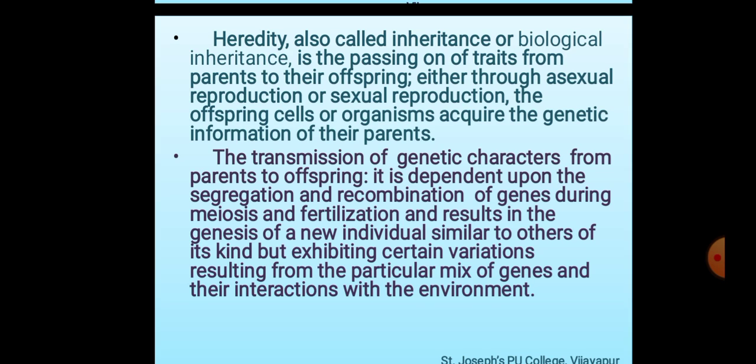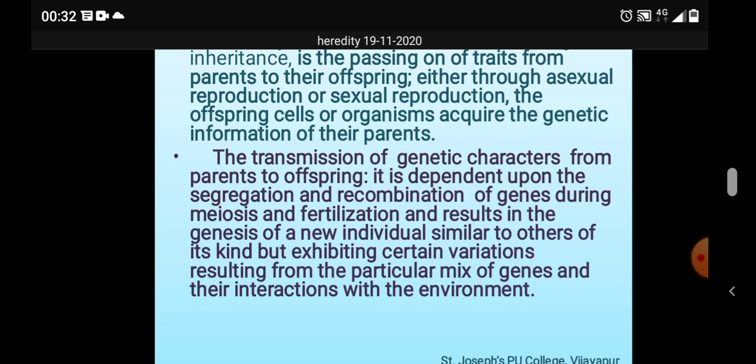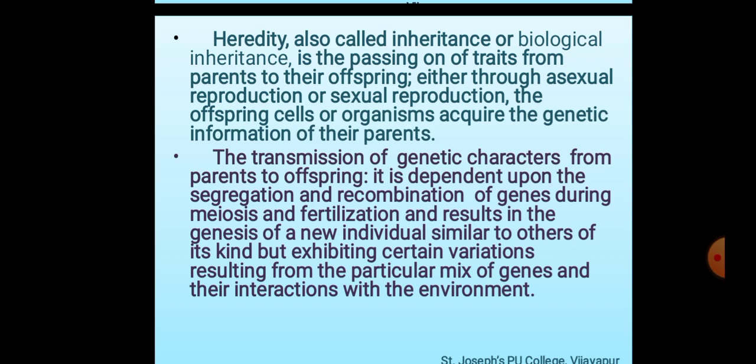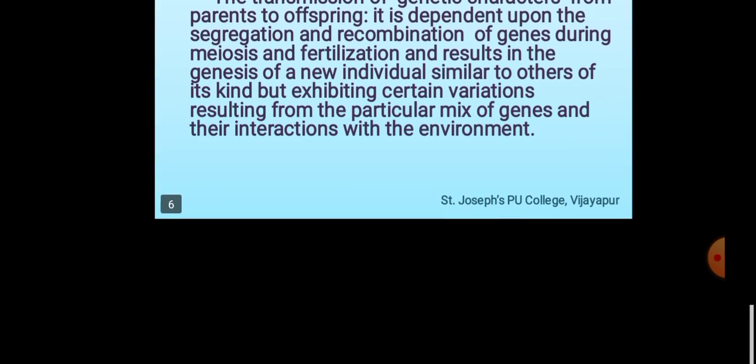The transmission of genetic characteristics from parents to offspring is dependent upon the segregation and recombination of the genes during meiosis and fertilization, and results in the genesis of a new individual similar to others of its kind, but exhibiting certain variations resulting from the particular mix of genes and their interactions with the environment. Thank you.